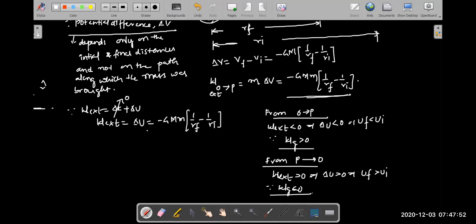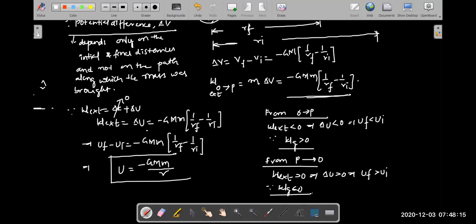Now we know that delta U is U final minus U initial, which is equal to minus G capital M small m by 1 by R final minus 1 by R initial. So from this we can say that the gravitational potential energy at any point is equal to minus G capital M small m by R. This is the gravitational potential energy.